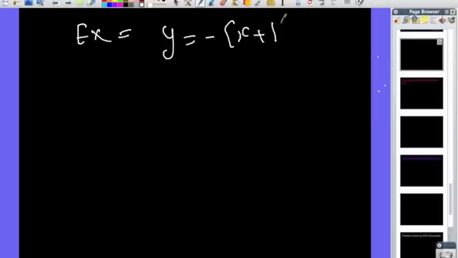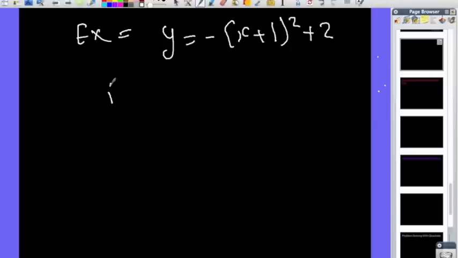Okay, so here's the example. Sketch y equals negative x plus 1 squared plus 2.